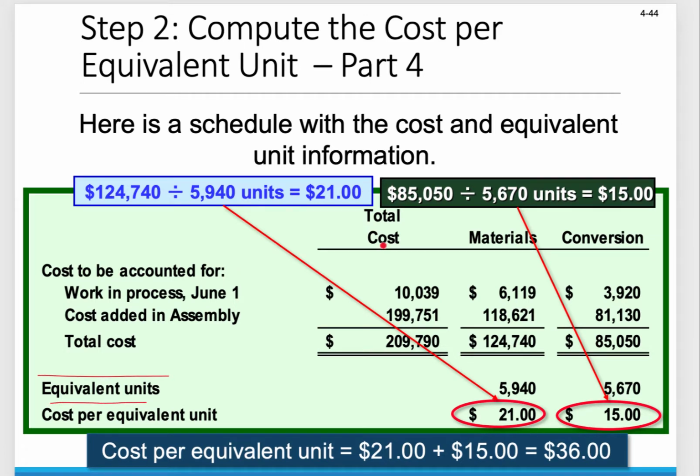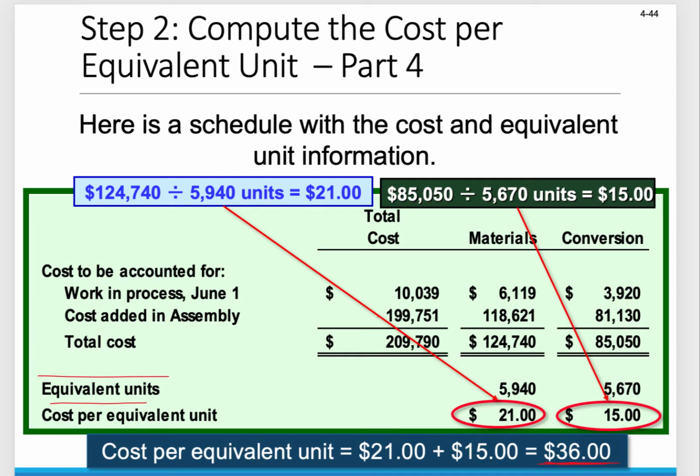The numerator is the cost of beginning WIP plus costs added during the period. Okay, so the cost per equivalent unit is $21 with respect to material. With respect to conversion costs, it's $15. So in total, we could say that the cost per equivalent unit is $36. That's in total. Okay.